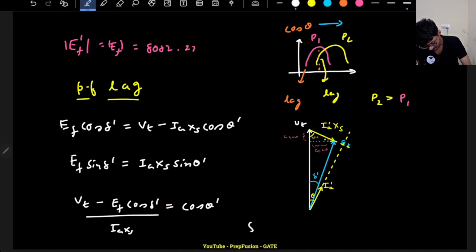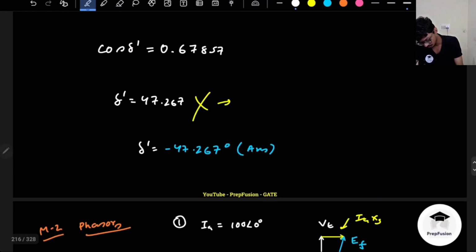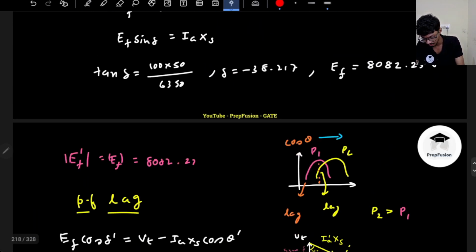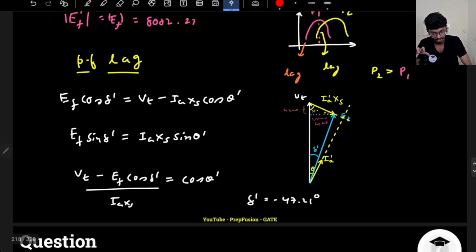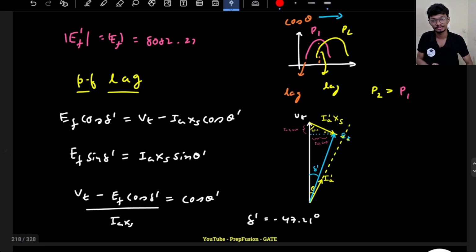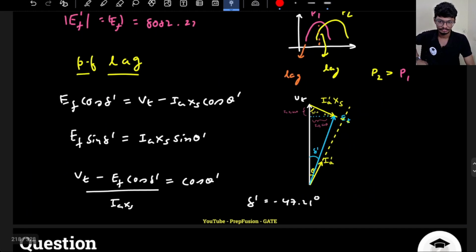Okay, this is complex. Delta will be minus 47.21. I do agree, because we are doing the same thing here again. Whatever we did here to simplify, we did the same thing only. But at other times this will be simpler. Here it is complex because you have to square and add. It is coming out the same, but sometimes it will be simpler.